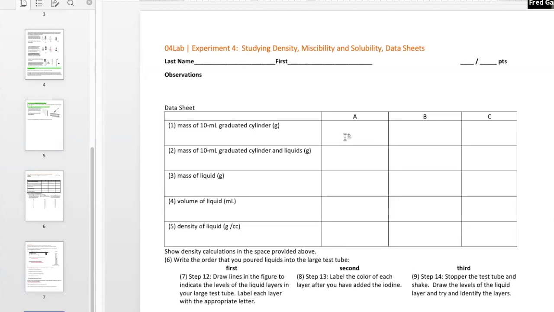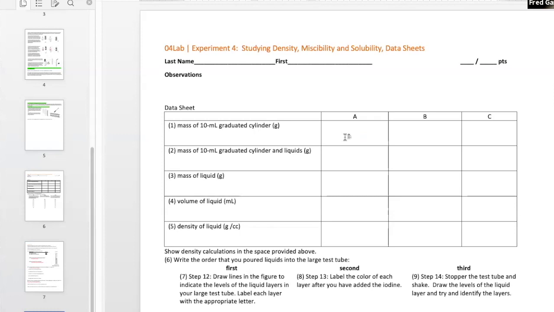Remember, we're using a 10 mil grad cylinder. So if we're using a 10 mil grad cylinder, you guys remember from experiment 2, which you are currently doing, that the precision of these graduated cylinders, the delta is 0.1. So you're reading it to the 100th of a milliliter, 0.01, because we're using a 10 mil grad cylinder, okay?